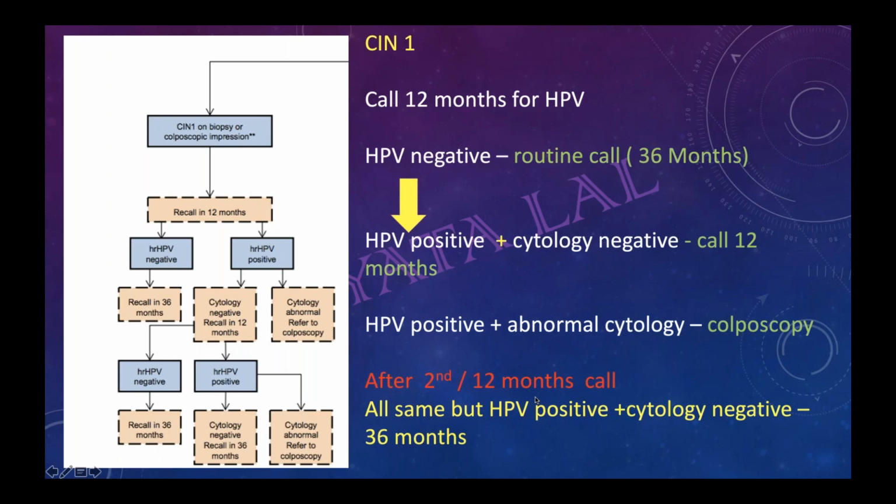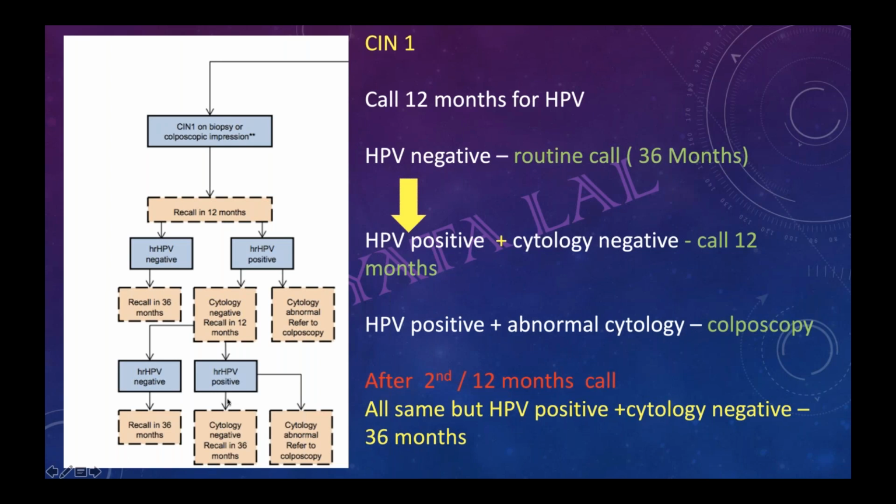This is a different thing that you have to understand: if HPV at 12 months is positive, cytology negative, and at 24 months also HPV positive but cytology negative, this time you will not do further follow-up. You will call her after 36 months time.